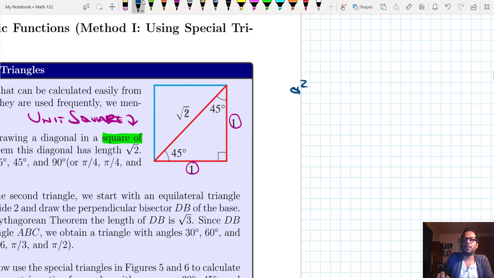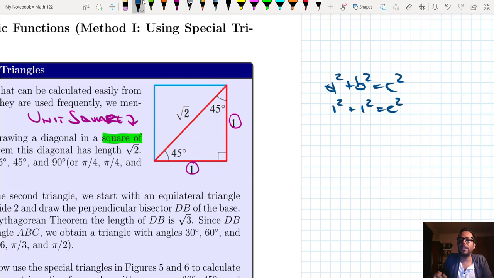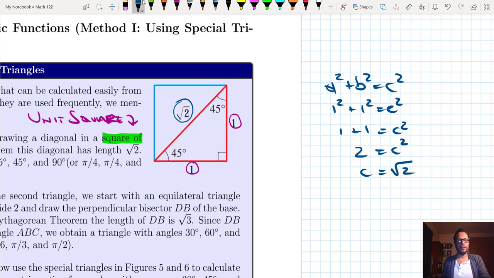So a squared plus b squared equals c squared. So 1 squared plus 1 squared equals c squared. So that's going to be 1 plus 1 equals c squared. And that's 2 equals c squared. Take the square root on both sides, it is the square root of 2, right? Which is what they have here.